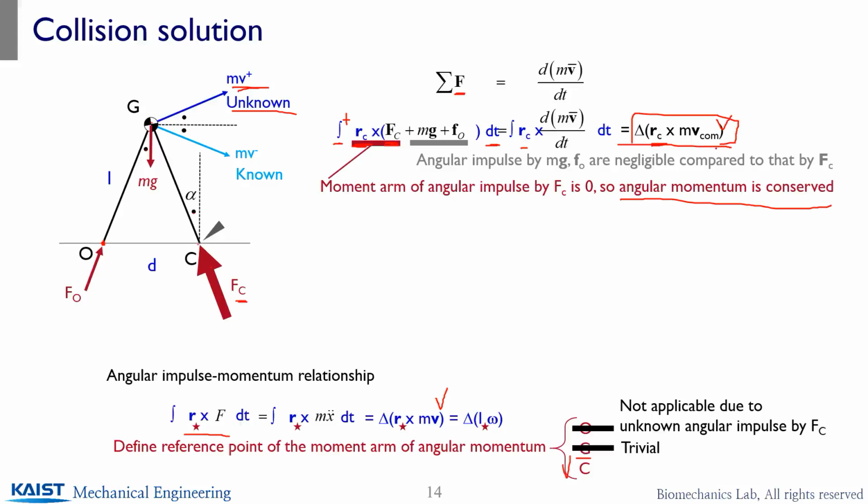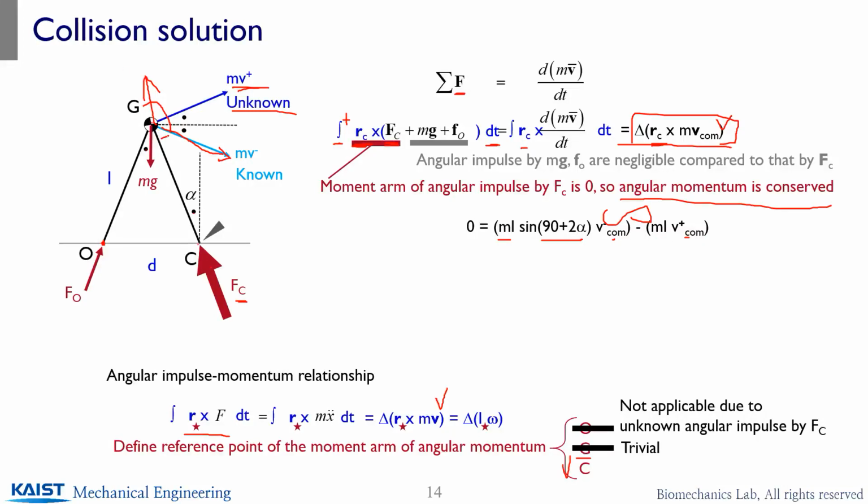Using this configuration, you can figure out RC cross product MV minus and RC cross product MV plus, after collision minus before collision. Before collision, the angular momentum is going to be ML sine of 90 degrees plus 2 alpha. You have the cross product between this L vector and this MV minus vector, and minus MLV plus.